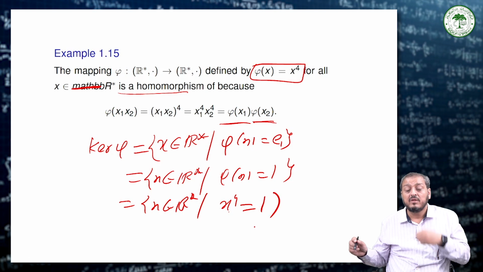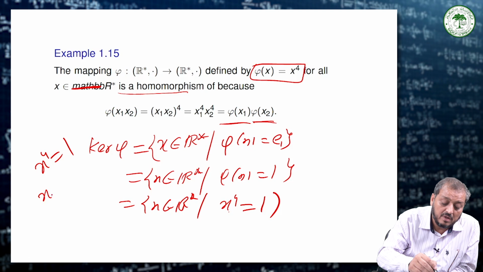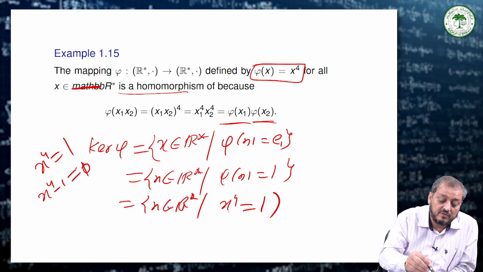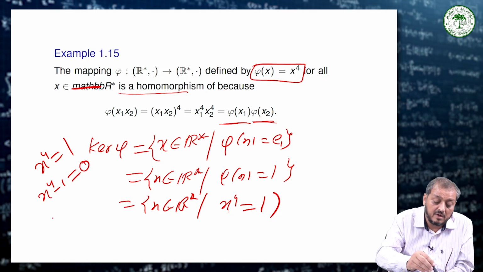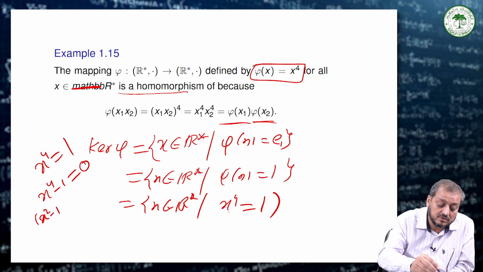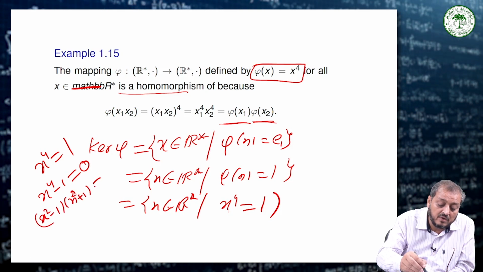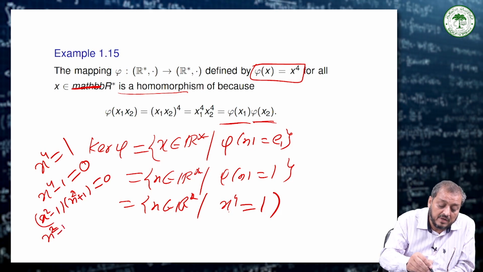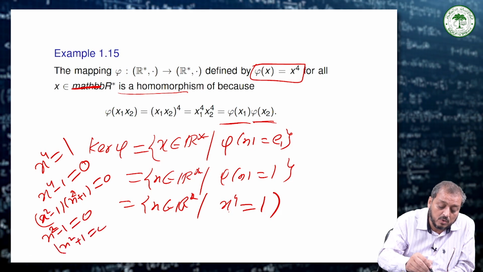Now if x to the power 4 is equal to 1, this means x to the power 4 minus 1 is equal to 0, and this can be written in the form (x square minus 1)(x square plus 1) is equal to 0. Then x square minus 1 is equal to 0 or x square plus 1 is equal to 0.